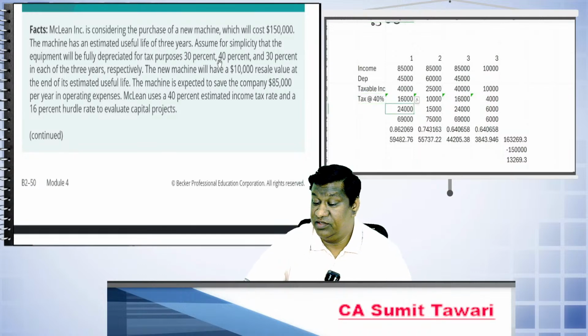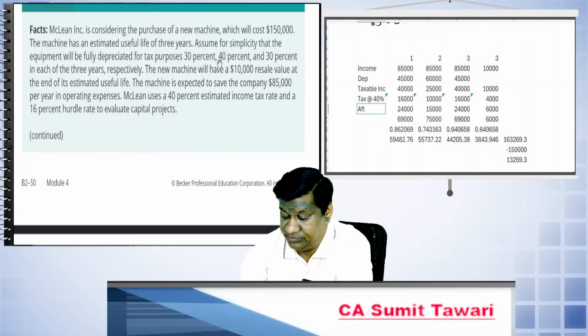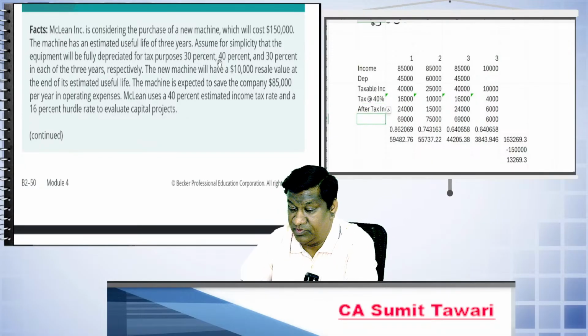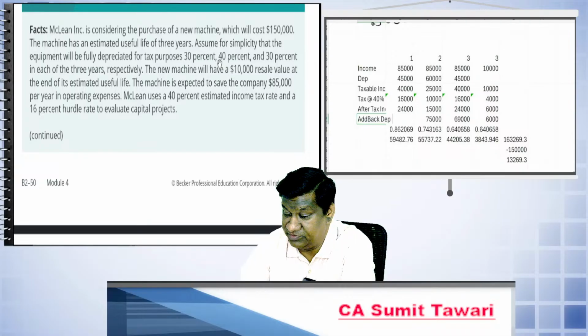Then this is my after tax income. And then it is add back depreciation. Add back depreciation, I have not separately mentioned. Add back depreciation and post tax cash flow.